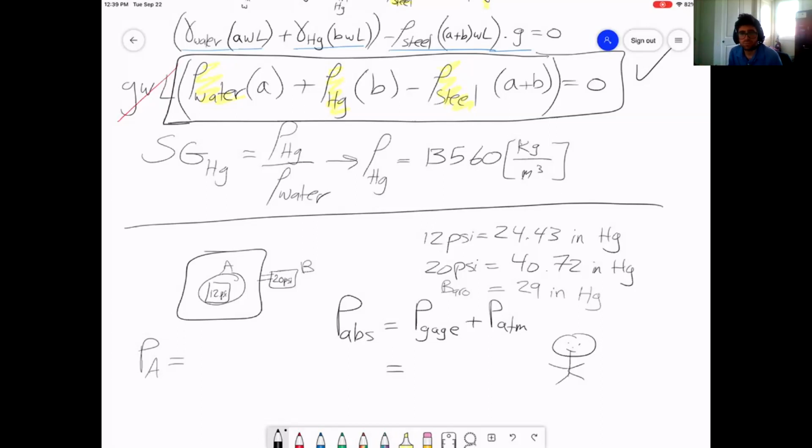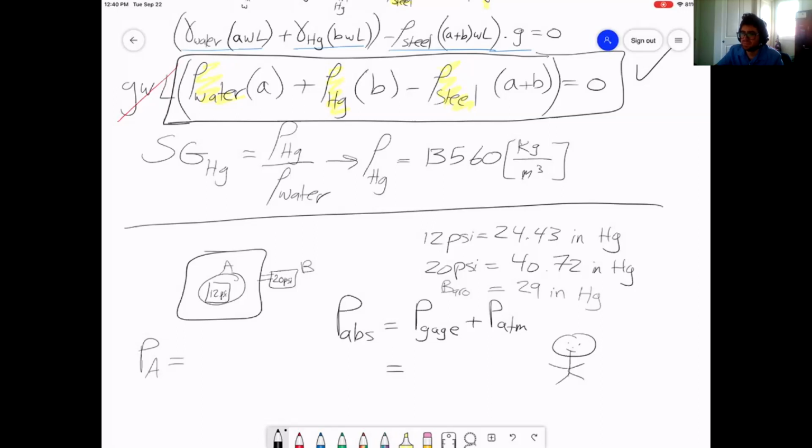The barometer is reading 29 inches of mercury. I converted 29 inches of mercury to psi, and we get 14.7 or 14.3. So pretty close. If you have a pressure that's 14.7, really, or 14.3, you're kind of at sea level.